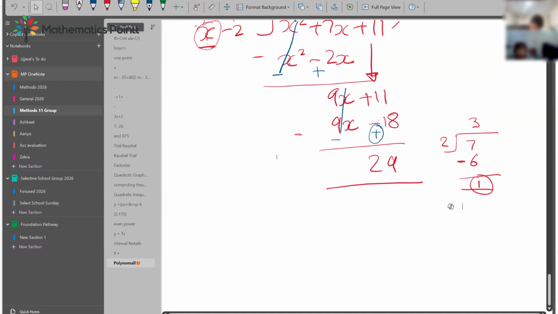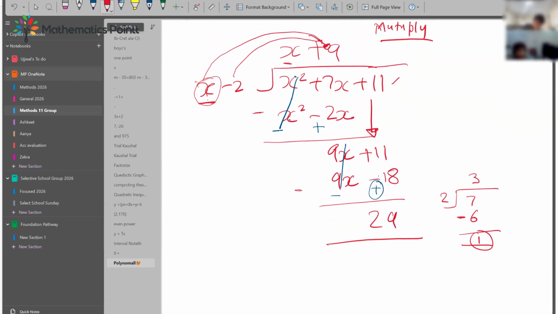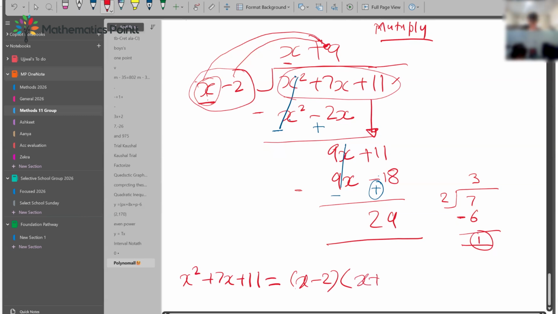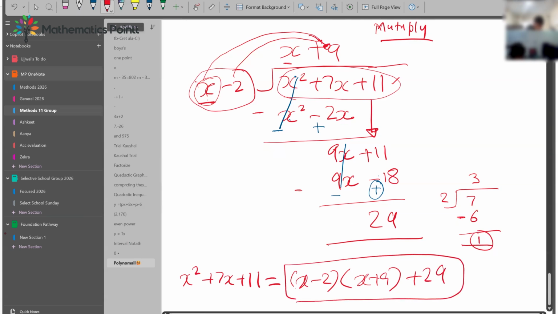So how do I write it? If I were to write the original polynomial expression, I will say x square plus 7x plus 11 is equal to the divisor, x minus 2, times the quotient, x plus 9, plus the remainder, 29.